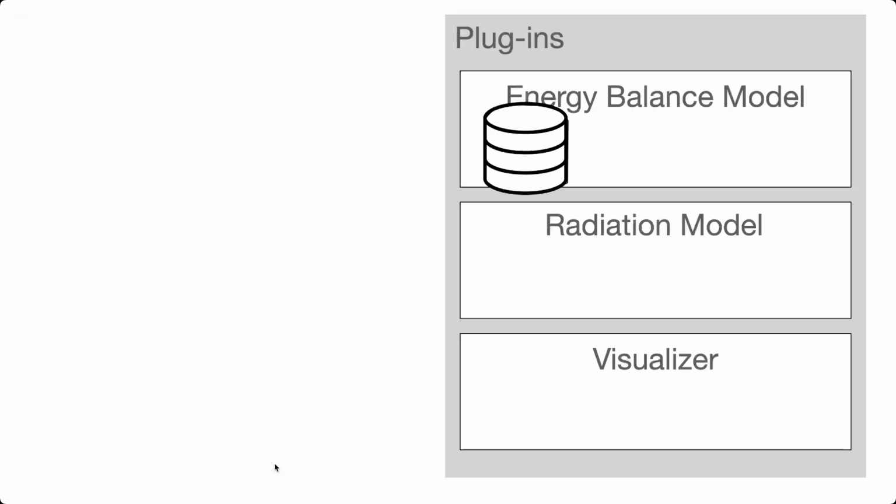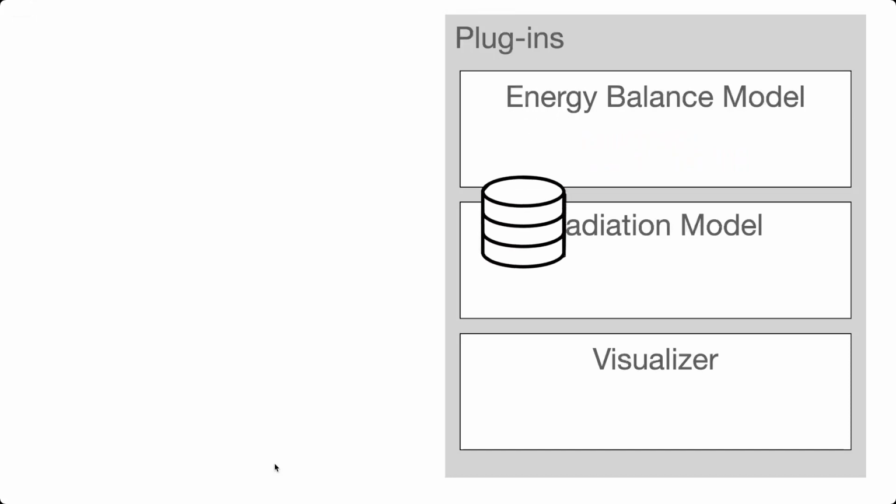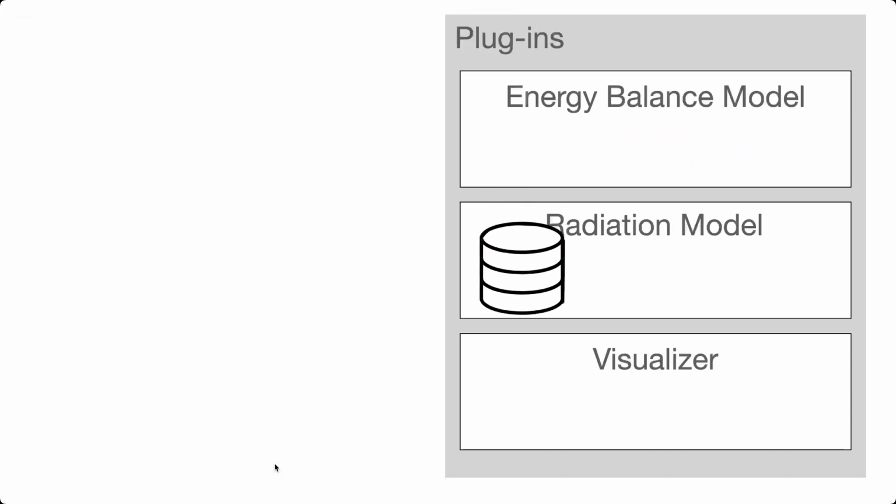Once it's done that, we can then pass the context over to another model plugin, let's say the radiation model, and it can read the information that it needs in order to do its simulations. So it's going to need to know about the geometry in order to do its ray tracing calculations.